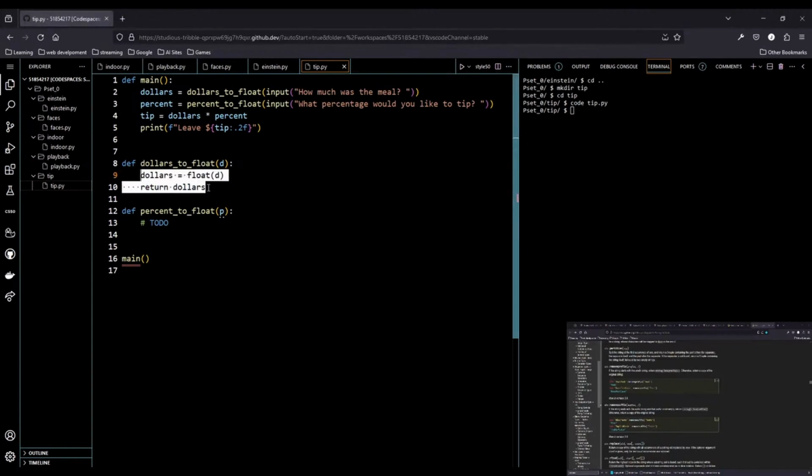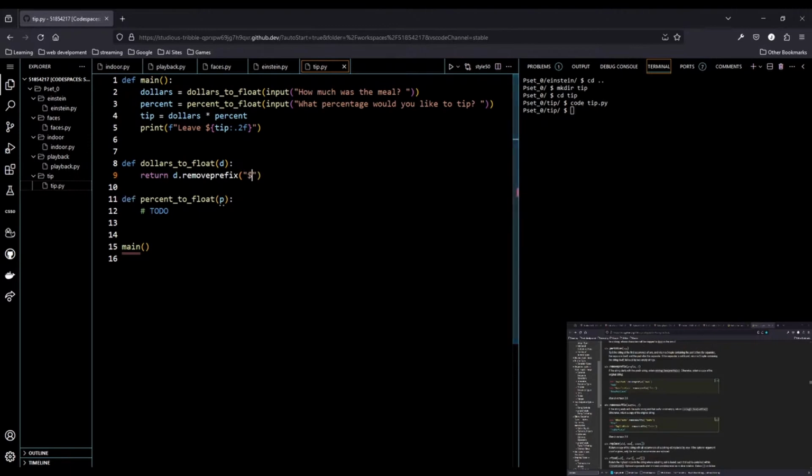So we have this D coming in. We need to return D minus remove prefix. It's going to ask what the prefix is, and the prefix is that.